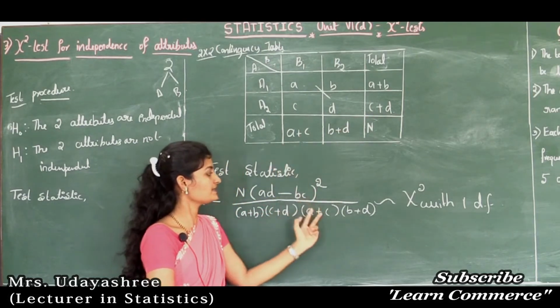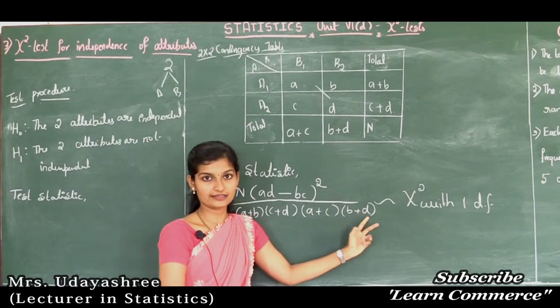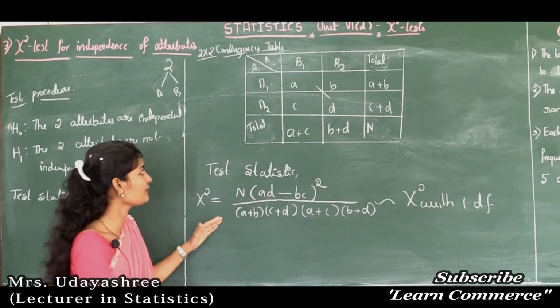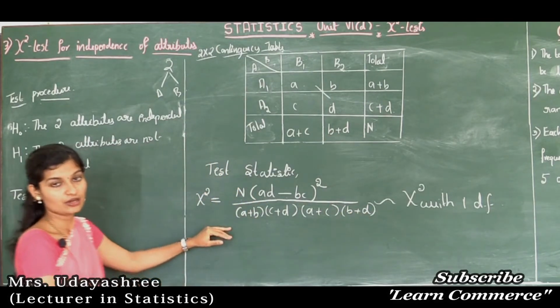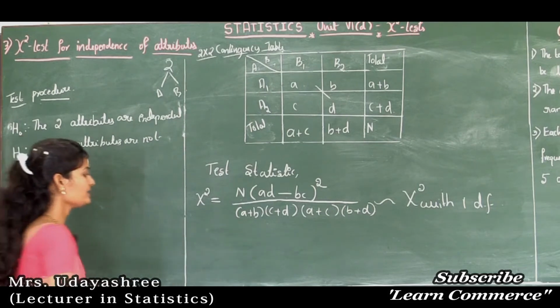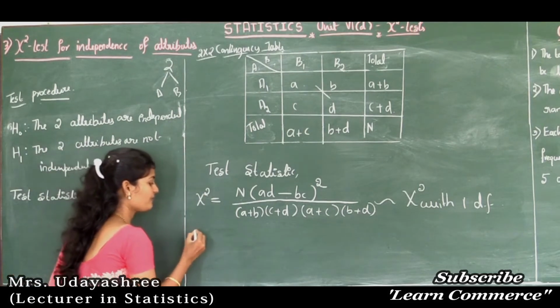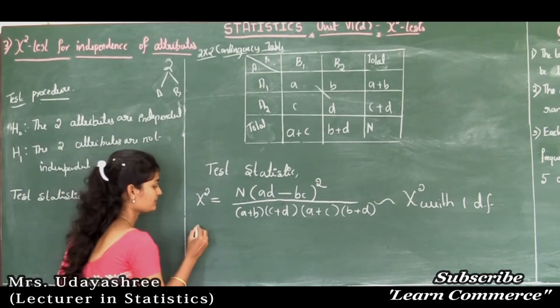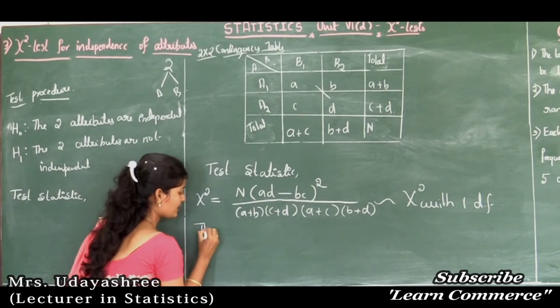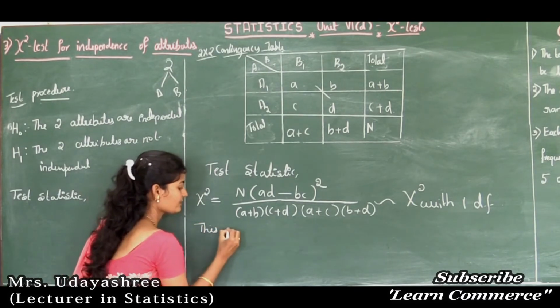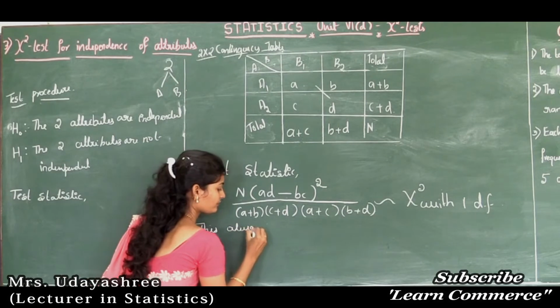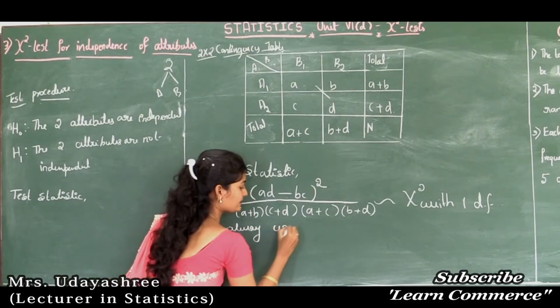This is the formula for the third application of the chi-square test, and this is step 3. Step 4 is the critical region. This application is always an upper tail test.